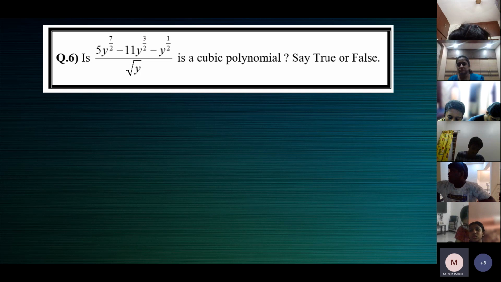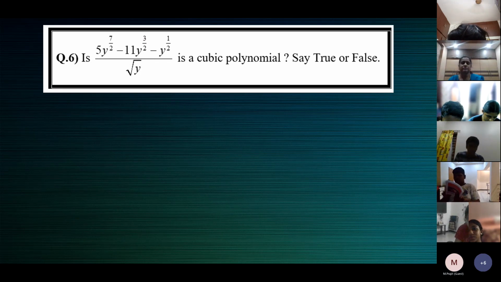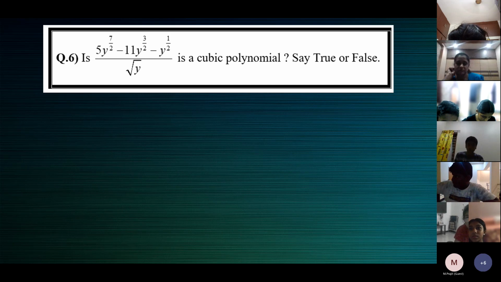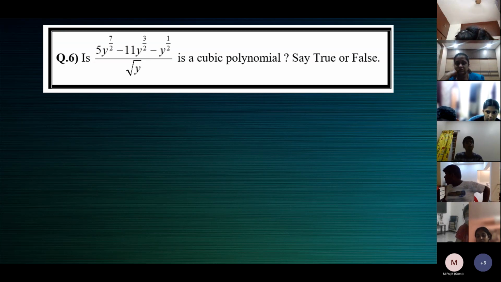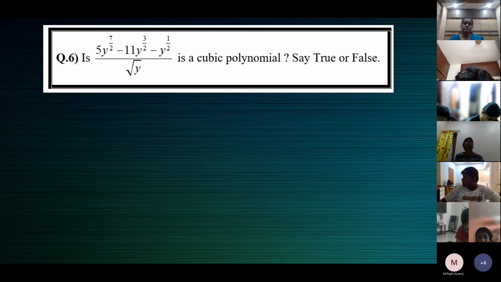The degree decides whether it's a cubic polynomial or not. Yeah, correct. How do we simplify this?